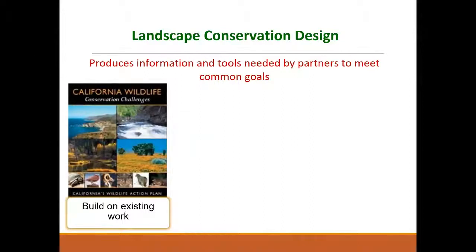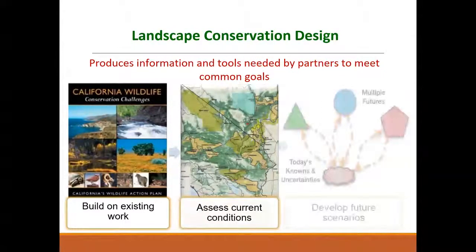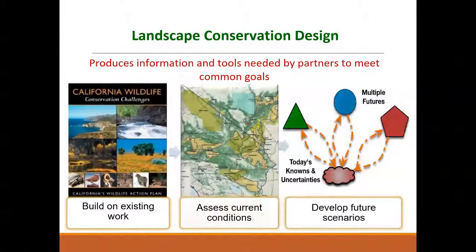So conservation design, we've done a lot of work over the past few years to build on existing tools, data, reports, information from all the different managers, practitioners working in the area. A lot of what we're talking about today is this piece around assessing current conditions, which sets a platform for understanding where we might go in the future.